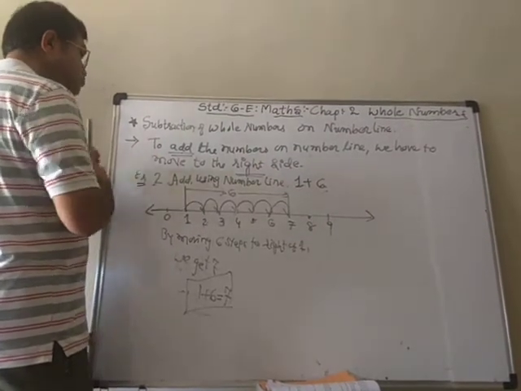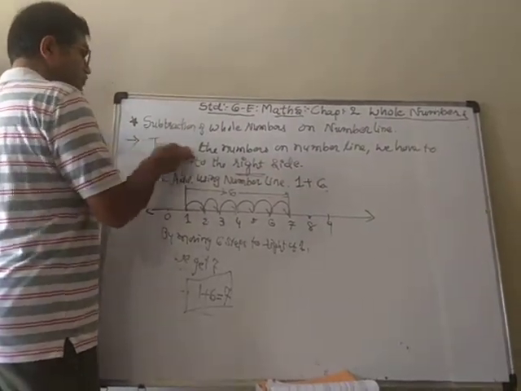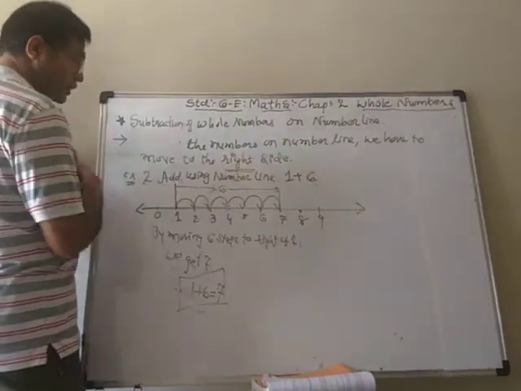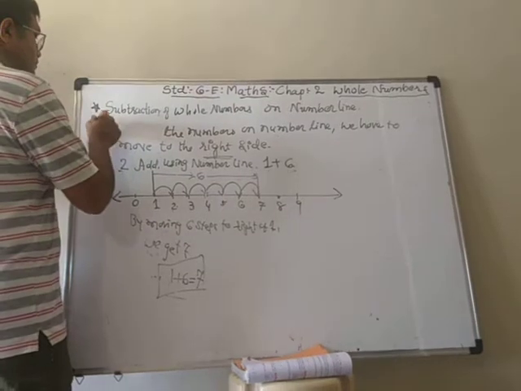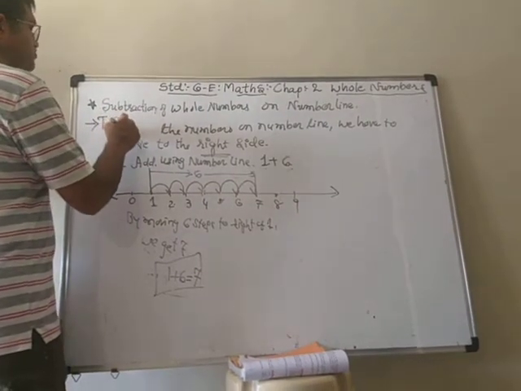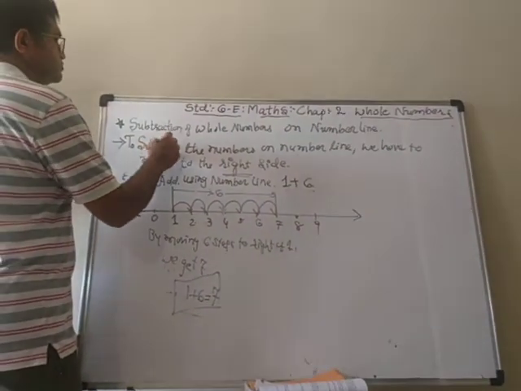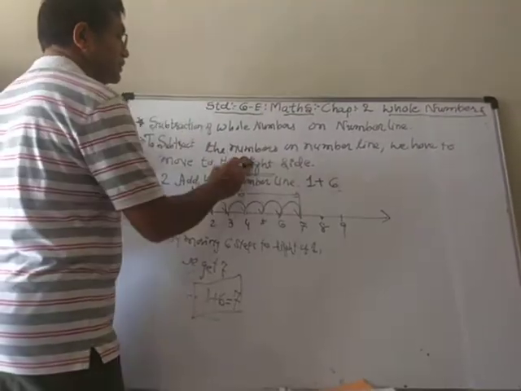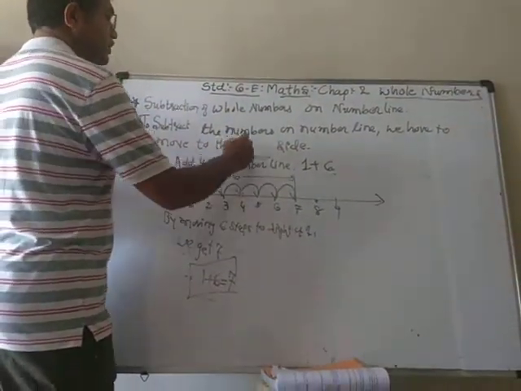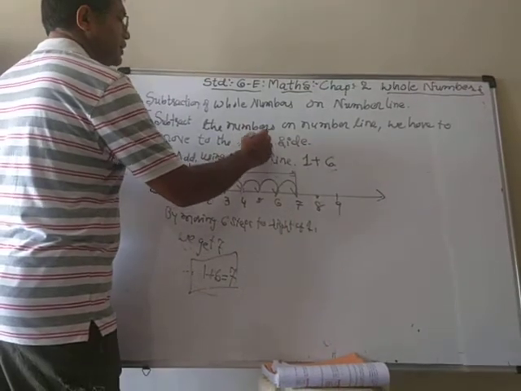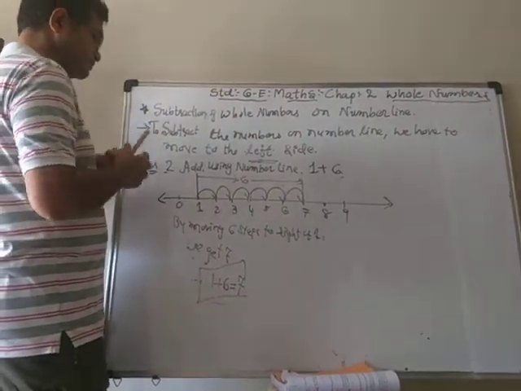Right? So now to subtract, the opposite direction means we have to come to the left side. So to subtract, we have to move to the left side.